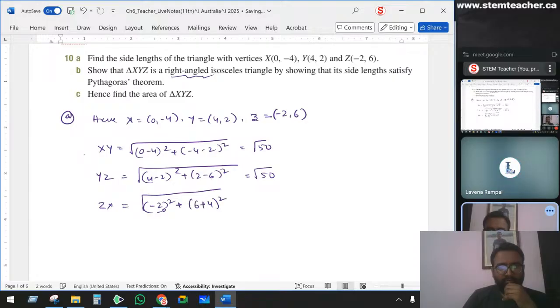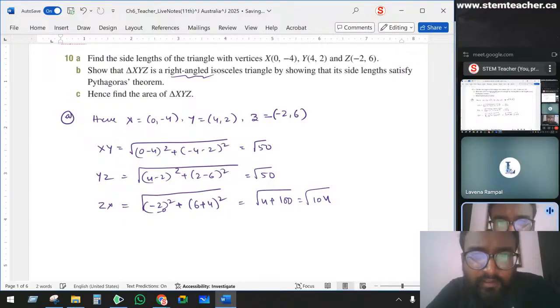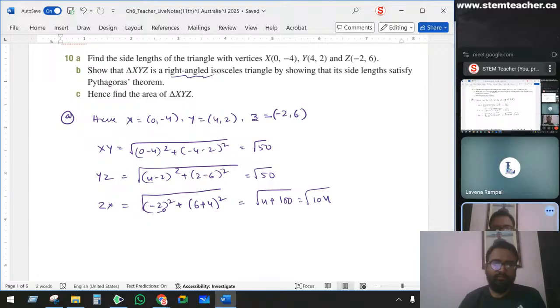So under root of 4 plus 10 square, it's 100. It is square root of 104. Let me check once again.